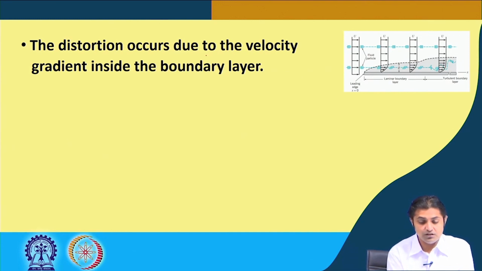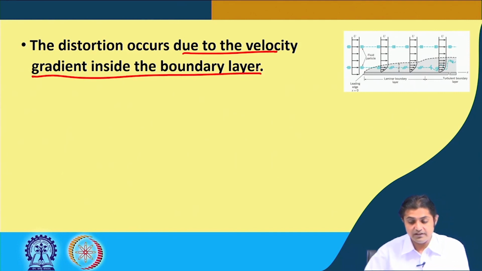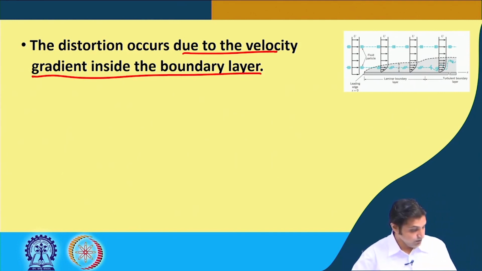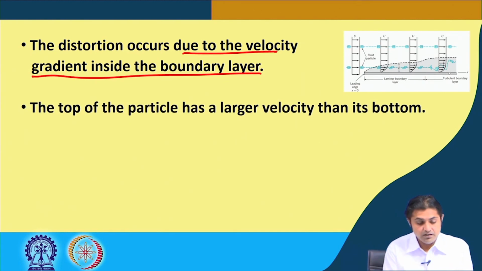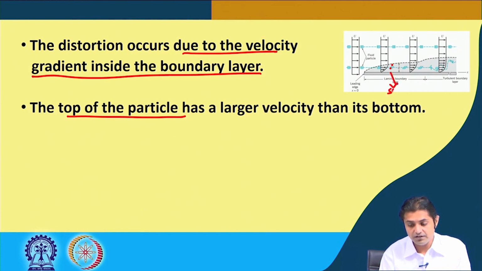This distortion occurs due to the velocity gradient inside the boundary layer. How? Because the top of the particle has a larger velocity than its bottom. So, the bottom will have lesser velocity than the top, because it is closer to the solid surface.